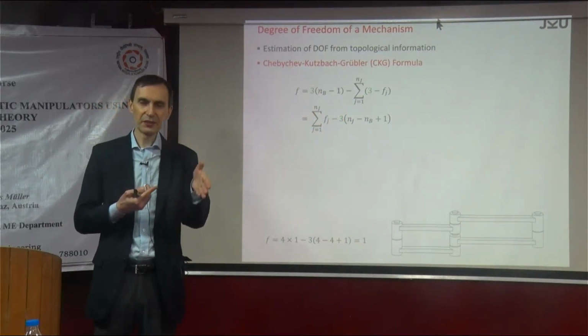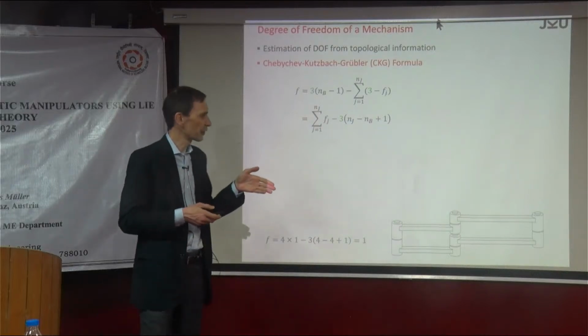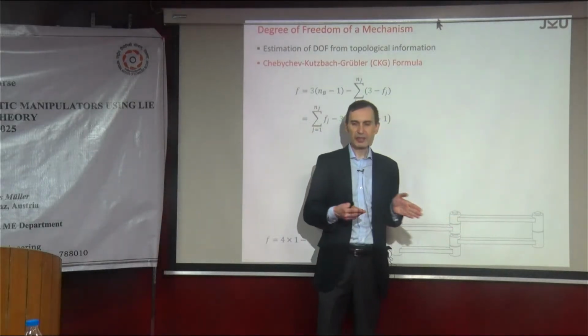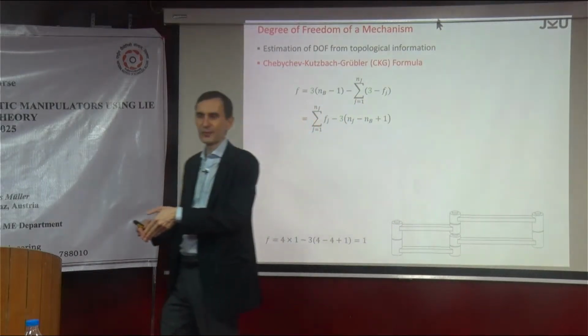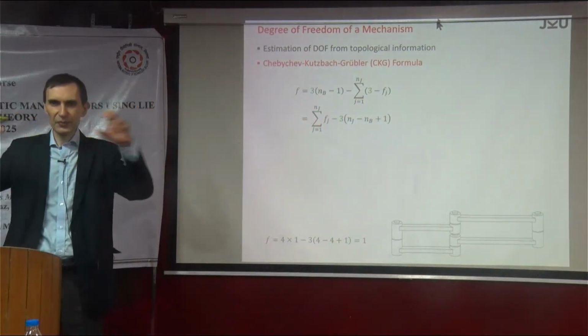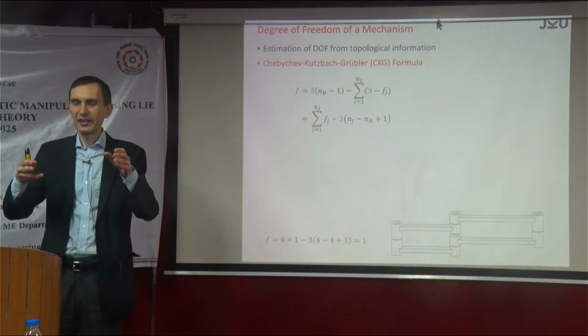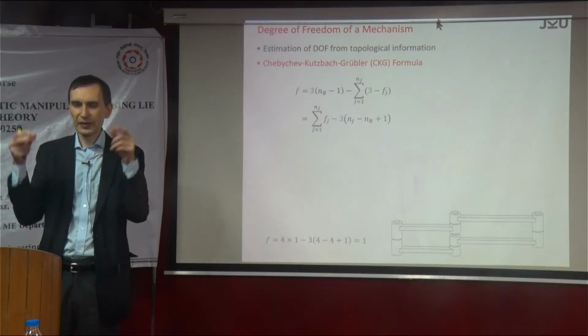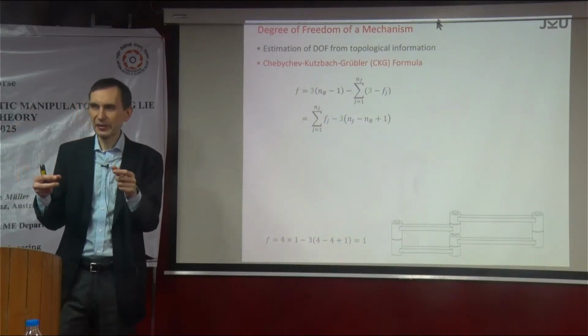Now, a joint with nj degrees of freedom, like the revolute joint, how many constraints does it impose? Say you have two bodies connected by a revolute joint. What can the bodies not do anymore because of the joint?